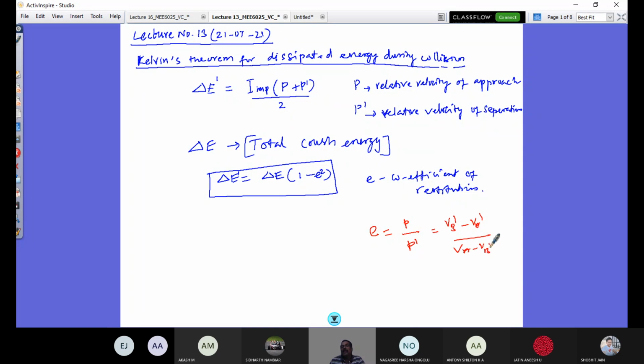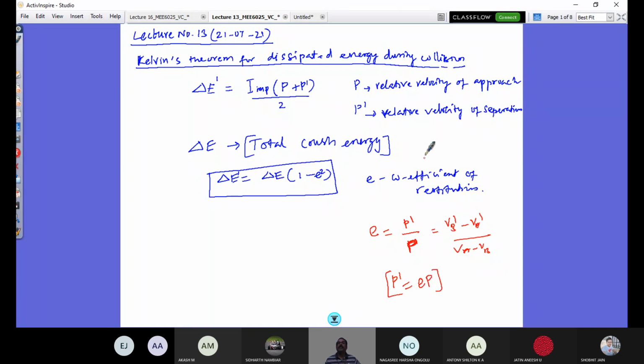Just a minute, relative velocity of separation is on the top and approach is here. So this is P dash by P, so we have P dash is E times P. Like that we were writing it, you would remember.